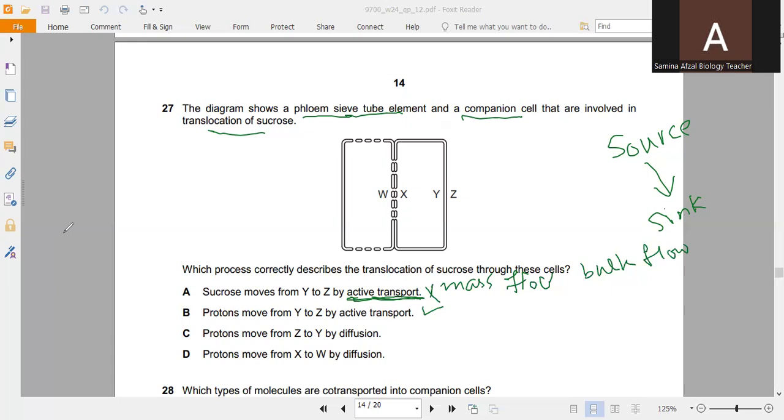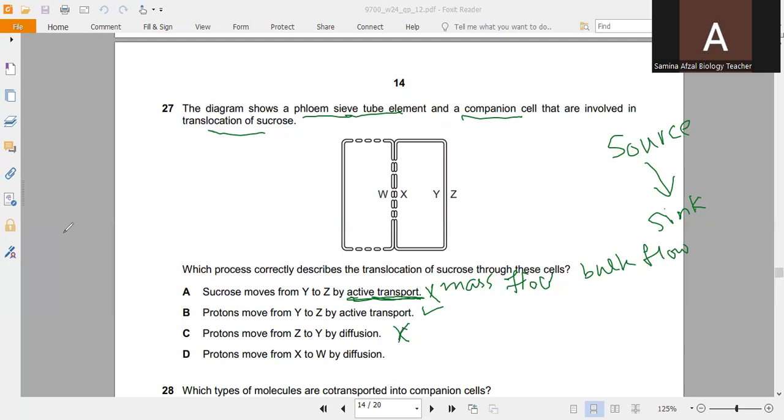So here I would like to say that this is also incorrect. Protons are more likely to be involved in co-transport with sucrose across the cell membrane, which is an active transport, not diffusion. I already told you they move from Y to Z. They do not move from Z to Y. So this is the opposite of the correct statement.